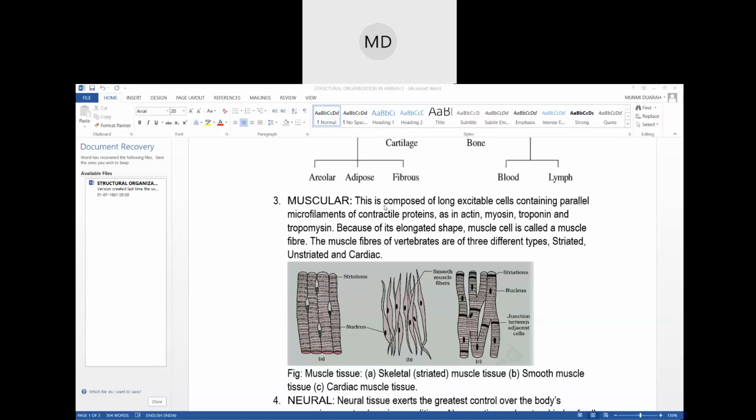So just remember that the muscles in your body are formed by the muscular tissues. And they are long cells, as you can see here. The proteins present are contractile proteins. Why are they known as contractile proteins? Because they help in contraction. Muscles can contract and relax, right?